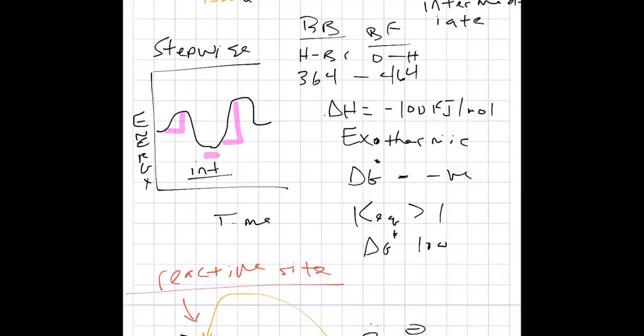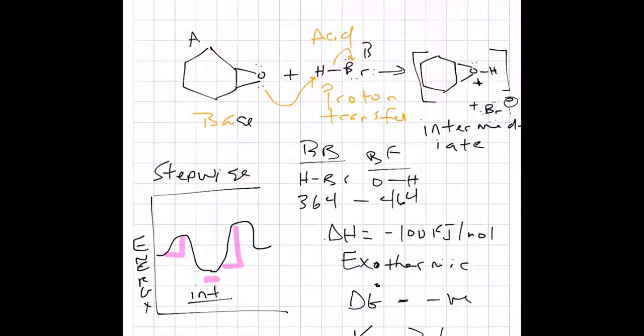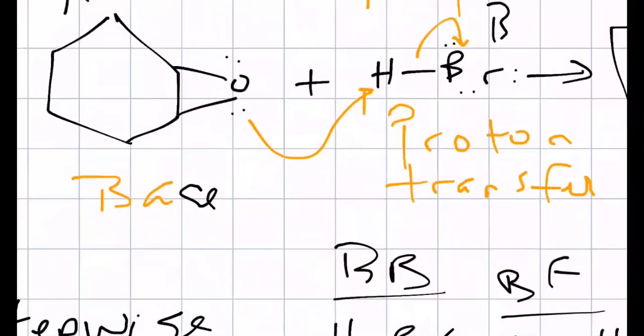You see the first step was proton transfer, and then the second step was nucleophilic attack of bromine on the epoxide. Let me sneak you some information here too. This compound, you see that cyclic 3-membered ring right here, a 3-membered ring with oxygen, a 3-membered ether. This is called an epoxide.